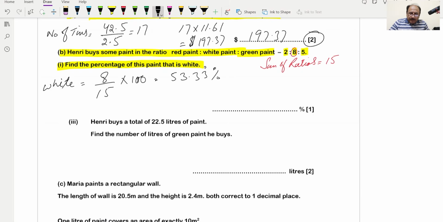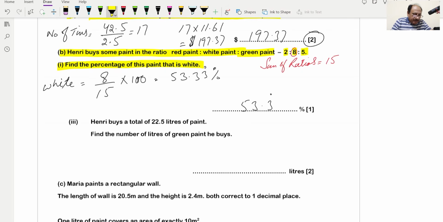This is the percentage, and the percentage symbol is already there.